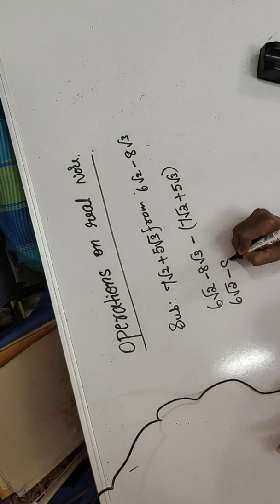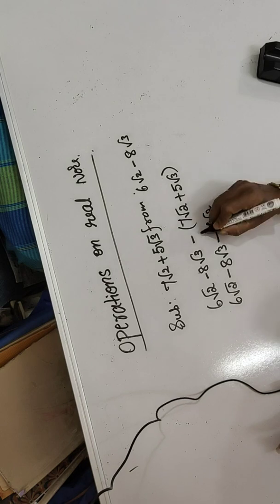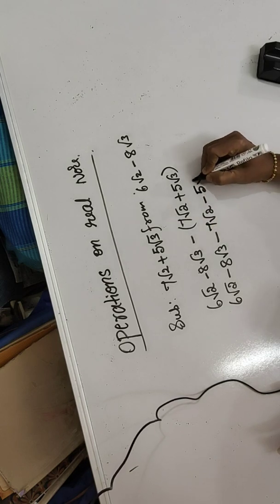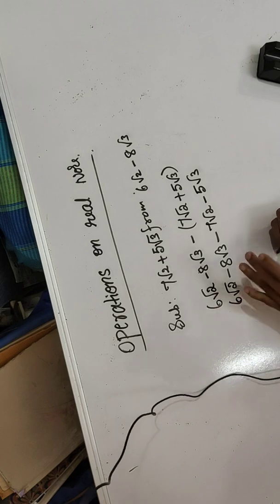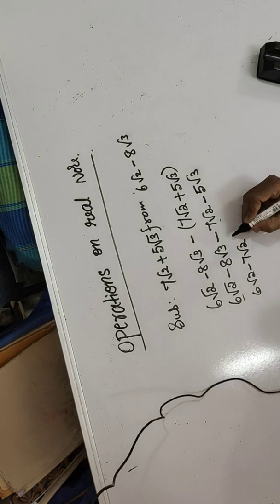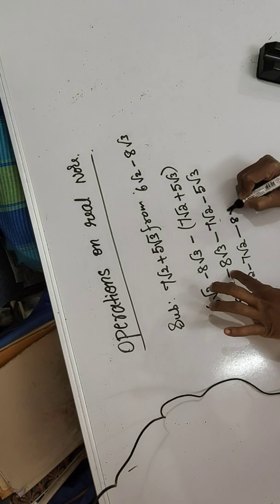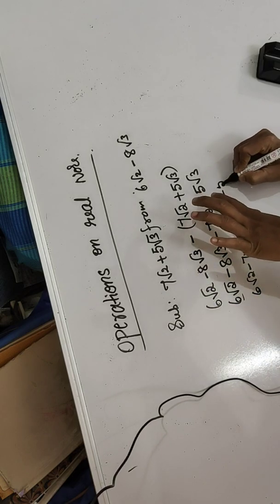6 root 2 minus 8 root 3, minus into plus minus 7 root 2, minus into plus minus 5 root 3. Now collect once again the same terms. Root 2 is here. 6 root 2 minus 7 root 2. Here remaining is minus 8 root 3. Be careful about the sign, don't leave your signs.